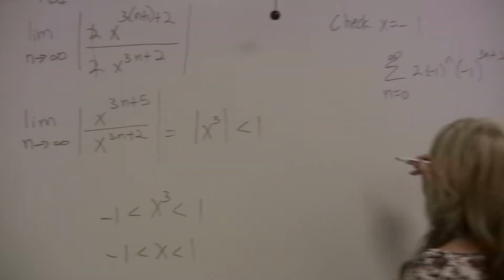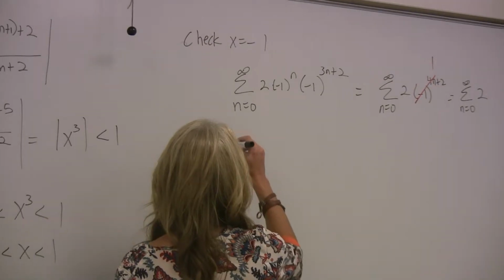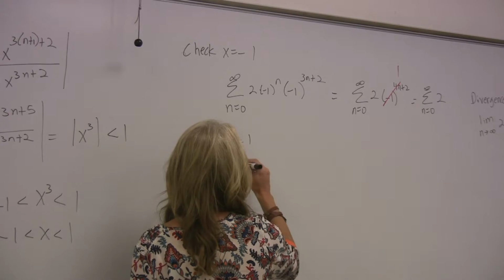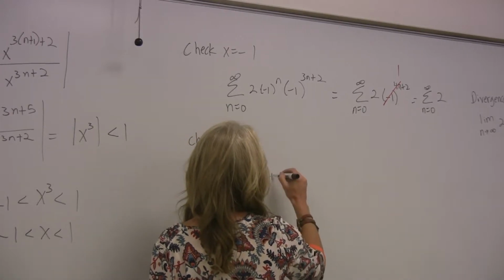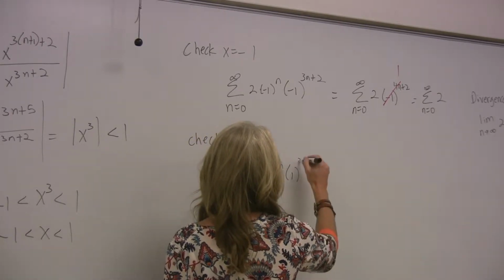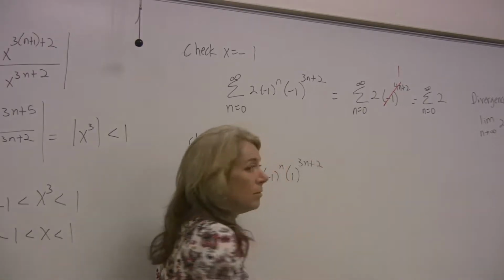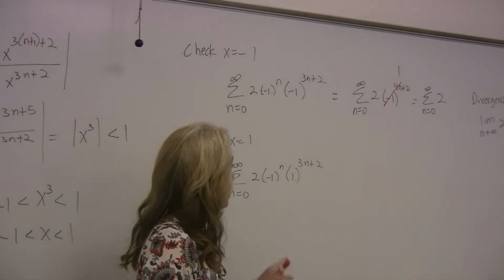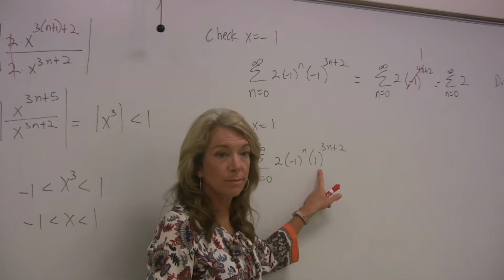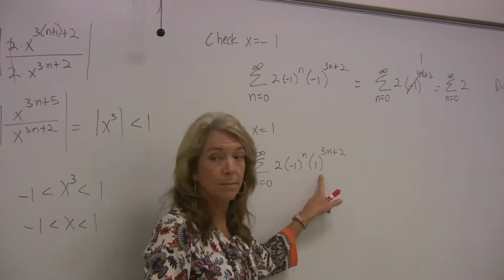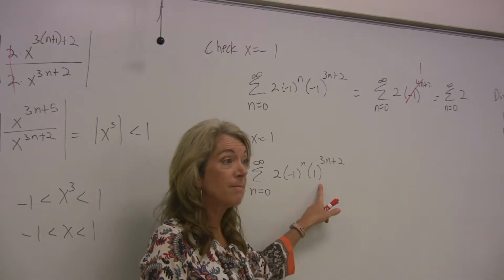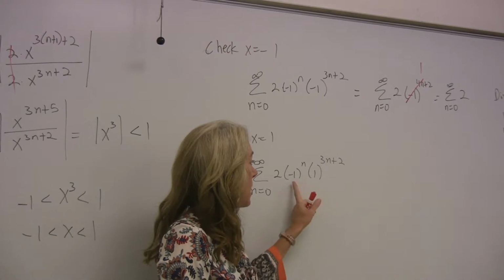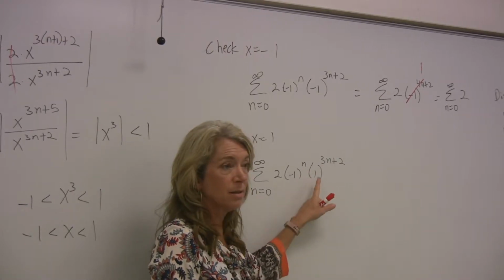Now let's check positive one. Two times -1 to the n times +1 to the 3n plus 2. Well, I can't add the exponents, these are different bases.